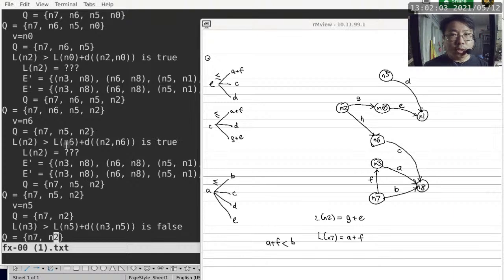That sum turns out to be smaller than the L value of N2 at this point. The L value of N2 at this point is G plus E. So now we know that G plus E is, okay, so I'm going to write it down here. G plus E is greater than the new one that we found, which is H plus C. There we go.